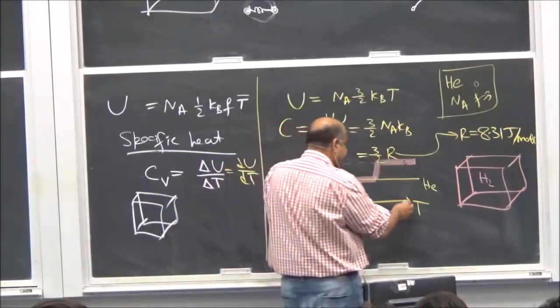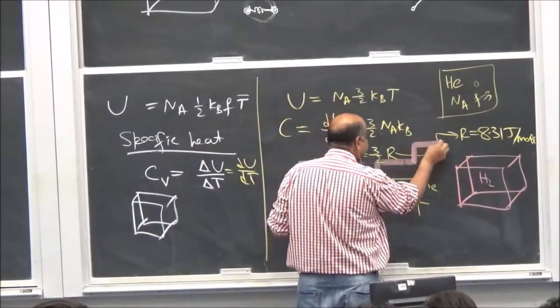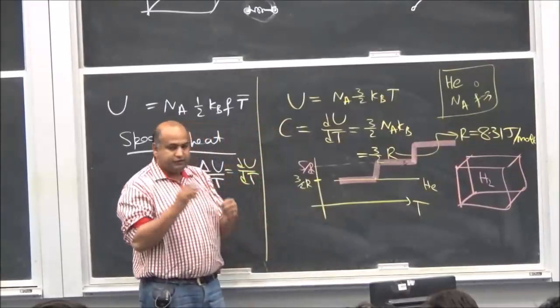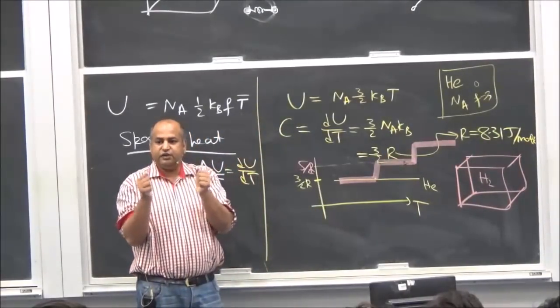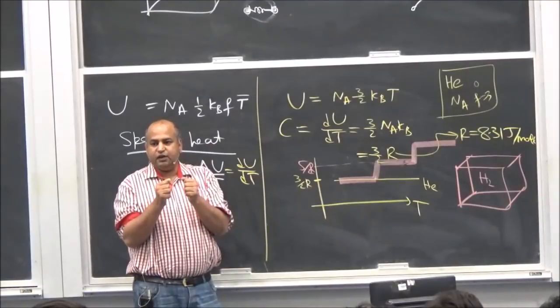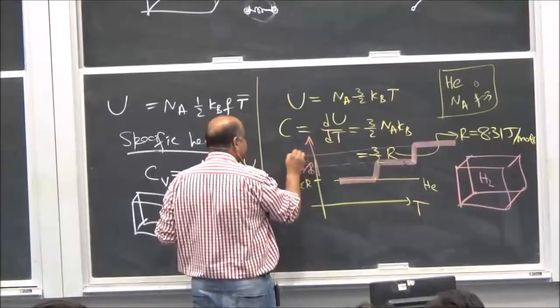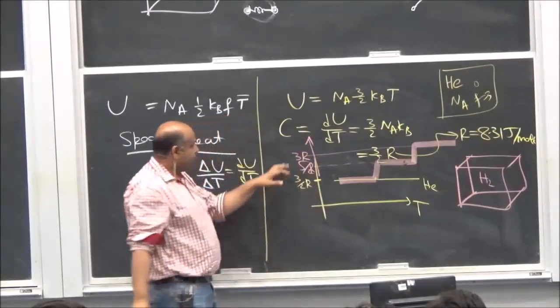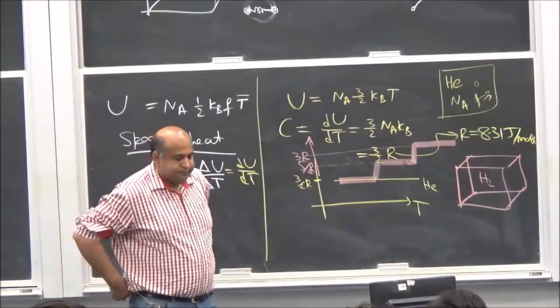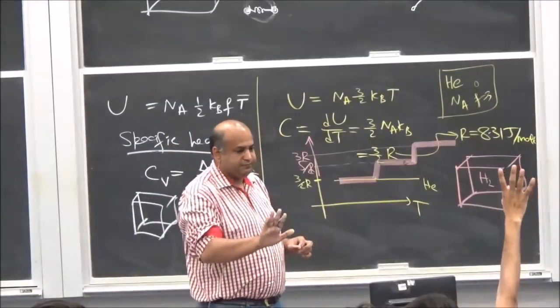और इसी तरह अगर टेम्परेचर और बढ़ जाए तो जो वाइब्रेशनल मोड्स हैं वो भी अनलॉक हो गए हैं, then its heat capacity is 3 R because F is the number of degrees of freedom.